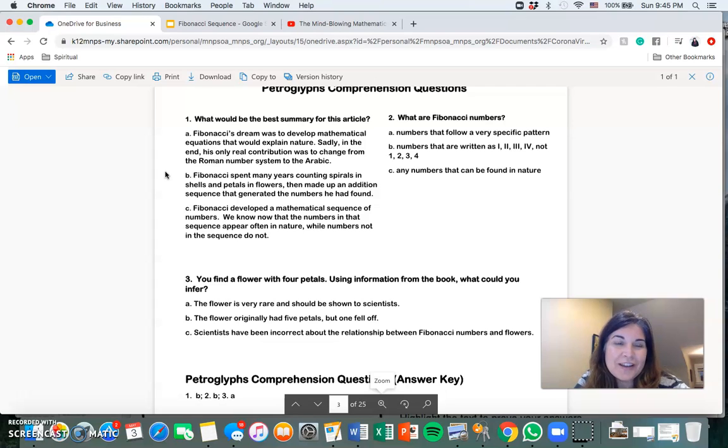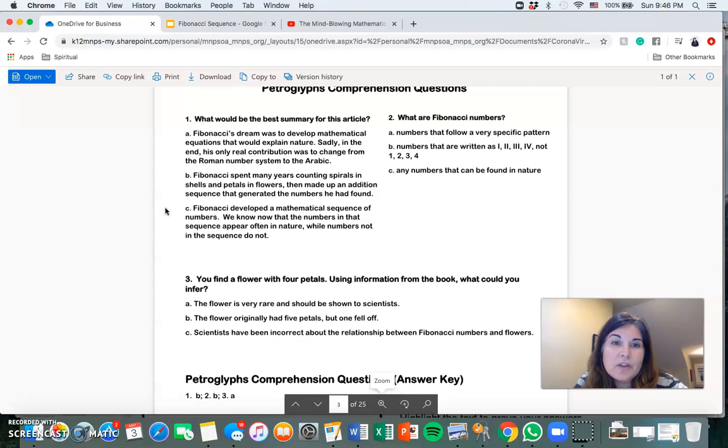Okay, so another option for what is a good summary for this article is B. Fibonacci spent many years counting spirals in shells and petals and flowers, then made up an addition sequence that generated the numbers he had found. Or C. Fibonacci developed a mathematical sequence of numbers.